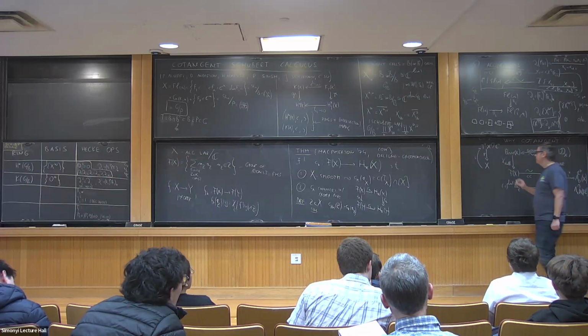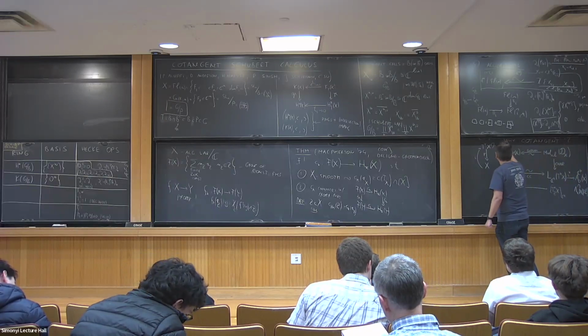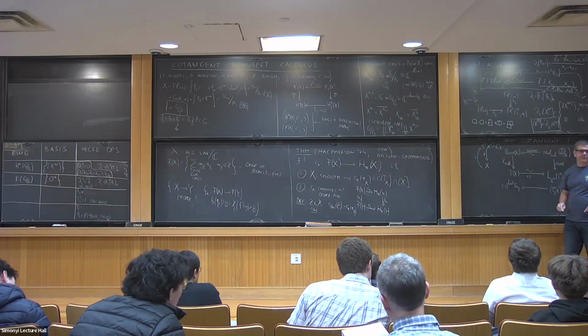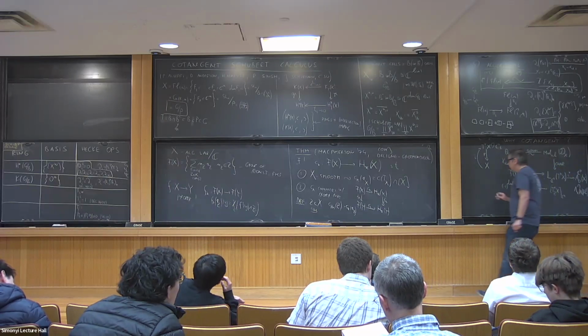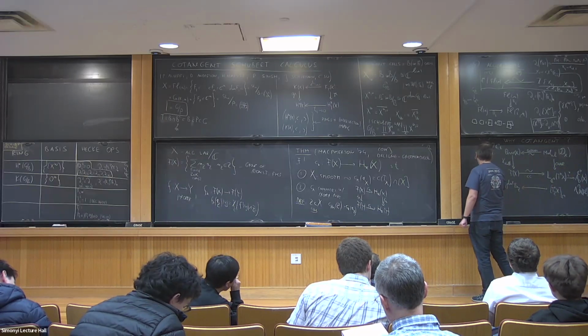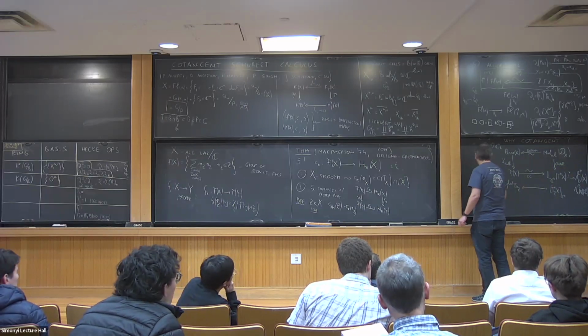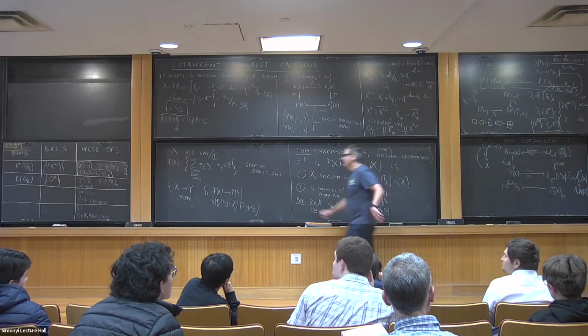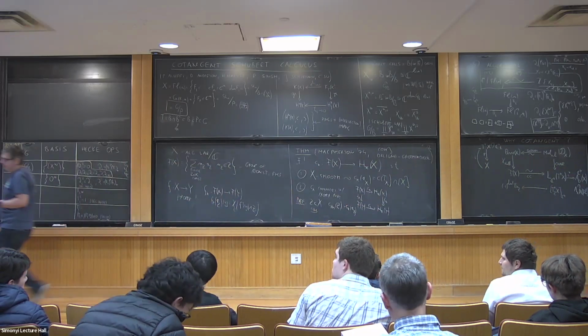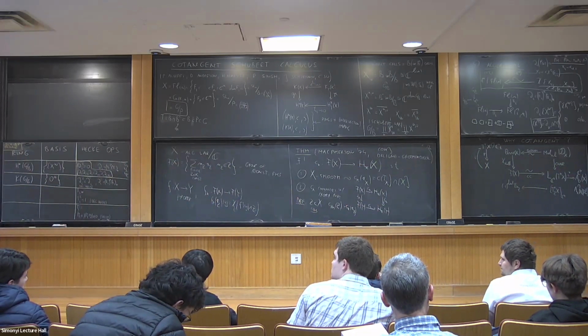I'm going to put the action with this character, minus h or h inverse, in multiplicative notation. So maybe I should just write down the formula. Maybe that's the easiest thing to say.